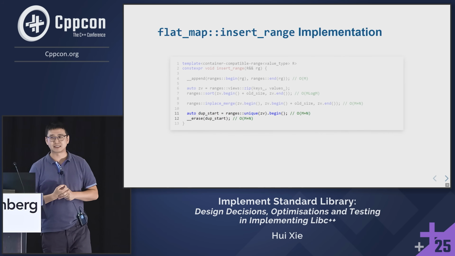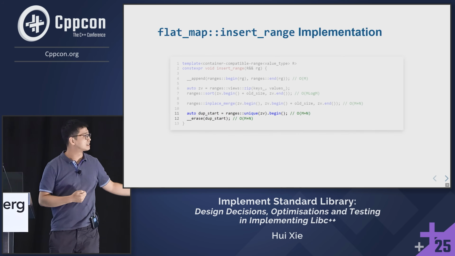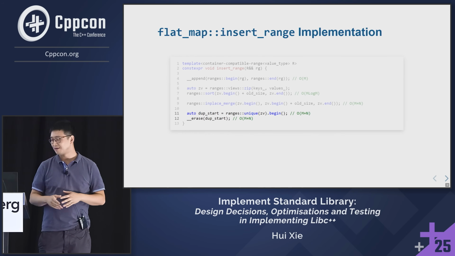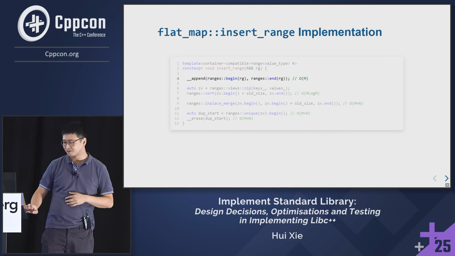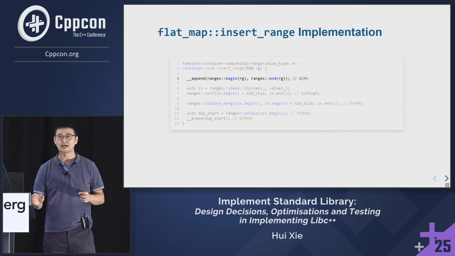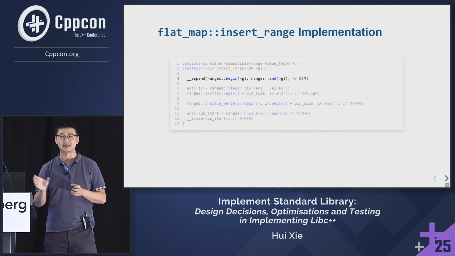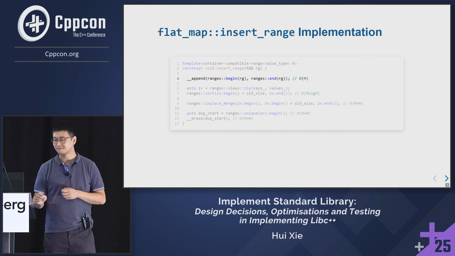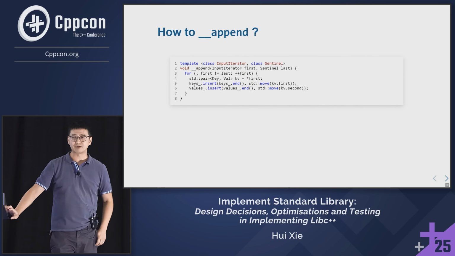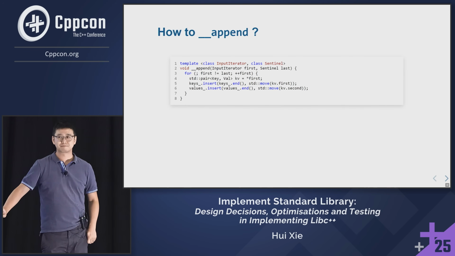There might be some optimization you can do to combine the last two steps, the merge and remove duplicates, in one pass. But the thing I'd like to talk about is the simple thing. How do we append the new range at the end of the vector? It sounds quite easy. So this is the most generic implementation.